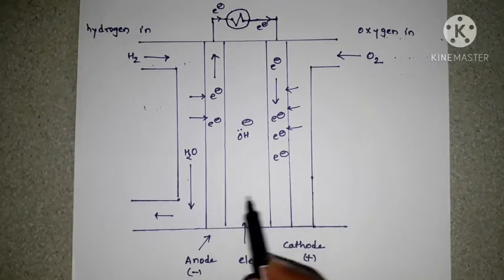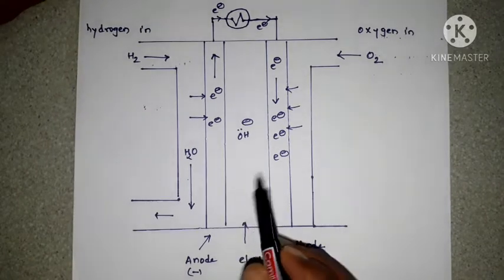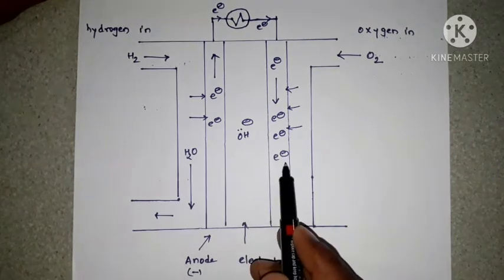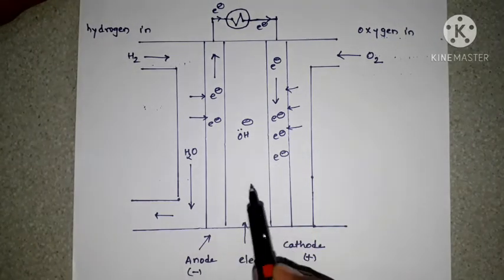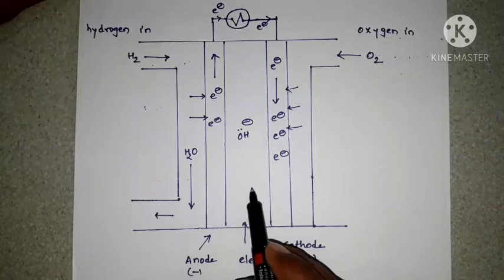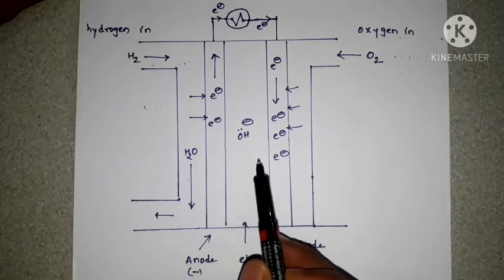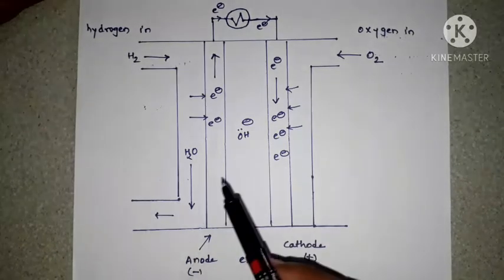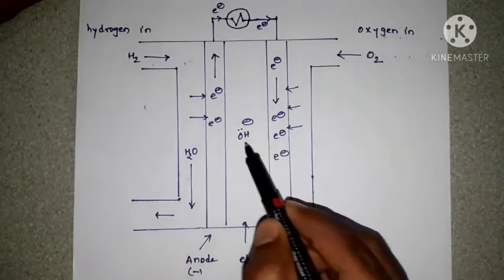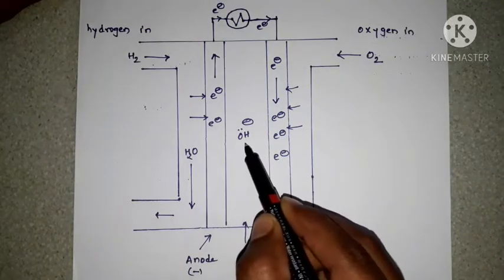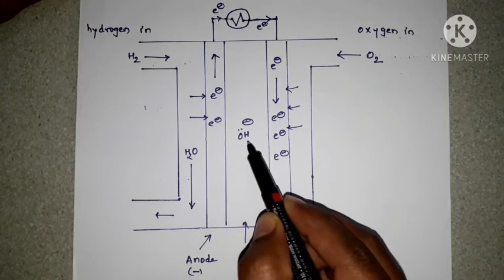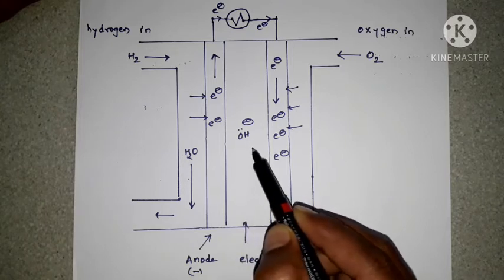Okay, look at the diagram. The space between two electrodes, the middle space is filled with concentrated potassium hydroxide or sodium hydroxide. This OH minus ion indicates the hydroxyl ion of sodium or potassium.